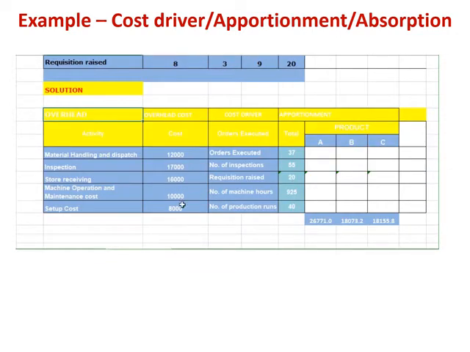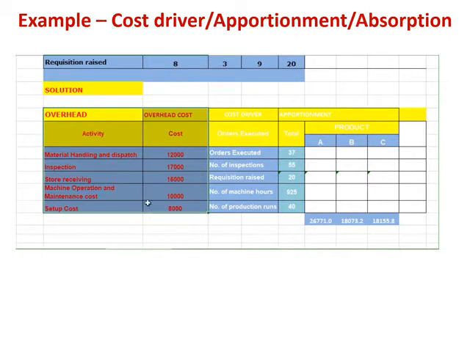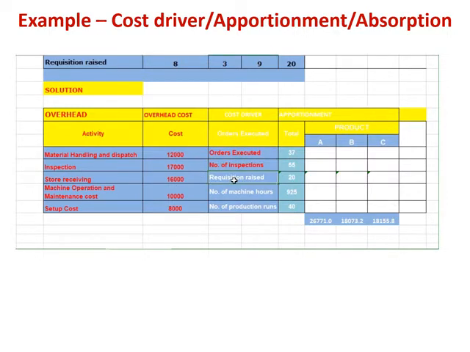We have to write the overhead and the overhead cost like this. Then we have to match the cost driver. So for material handling and dispatch, orders executed is the cost driver. For inspection, number of inspections, it is easy to find. For stores receiving, requisitions raised.